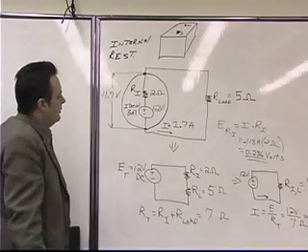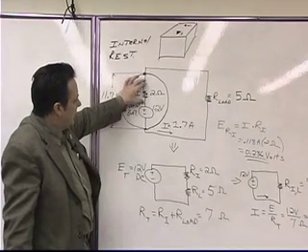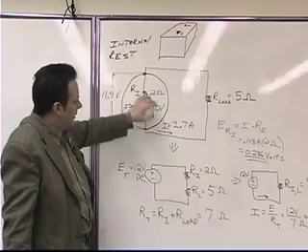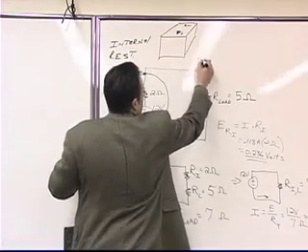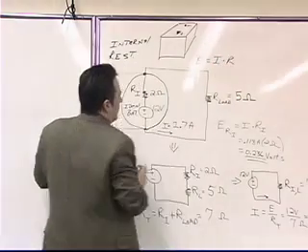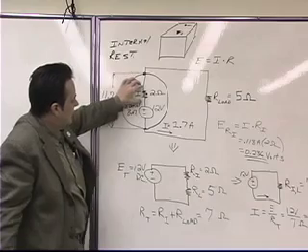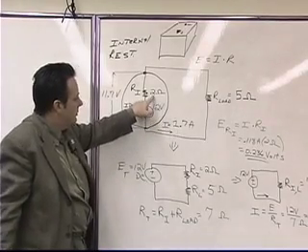Okay, so when we do that, what voltage do we get right here? Obviously, voltage is equal to current times resistance, right? So the voltage drop across the internal resistor is going to be equal to 1.7 times 2.